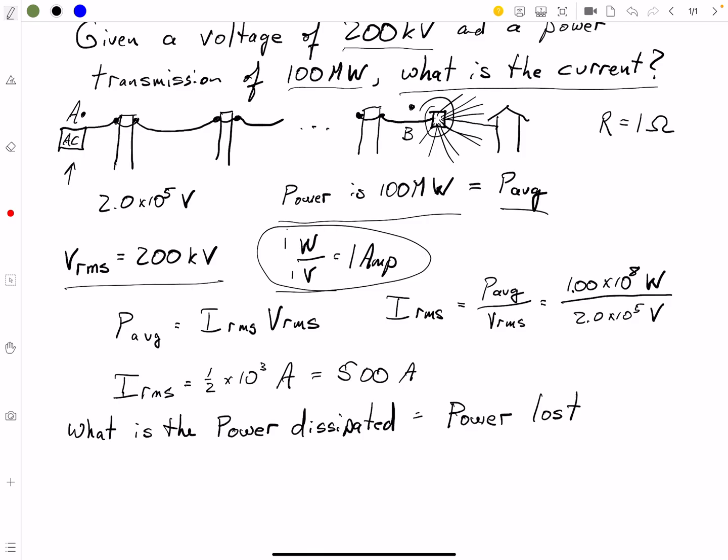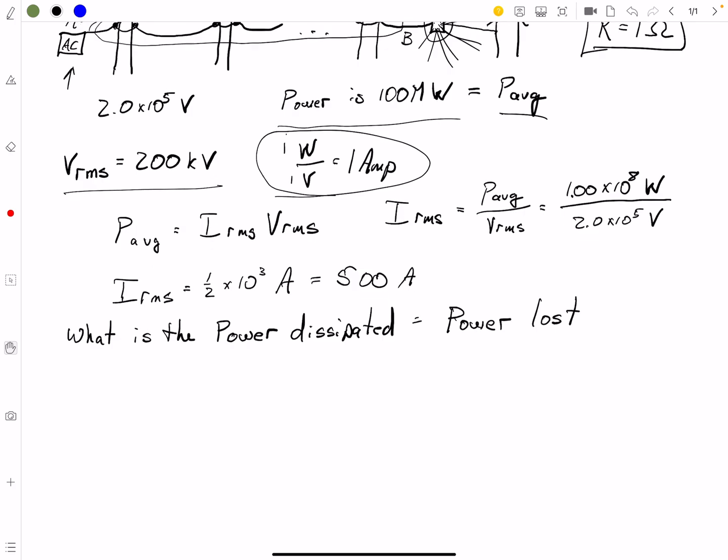So these are big old cables. Maybe they only go, I don't know, 10 miles or something, but the resistance all along the way from there to there is 1 ohm.